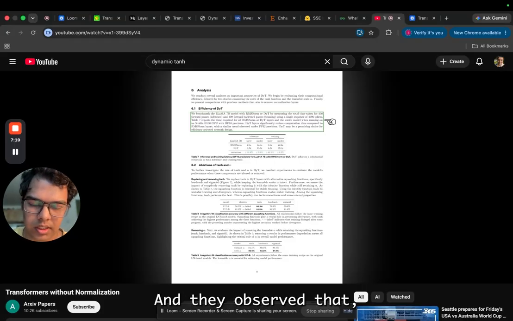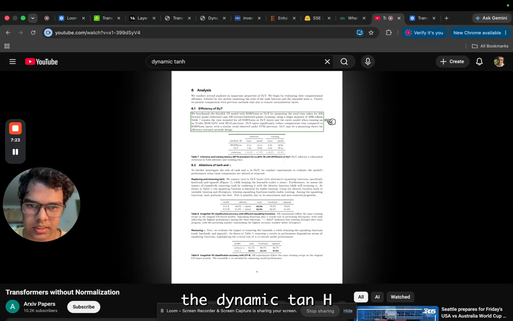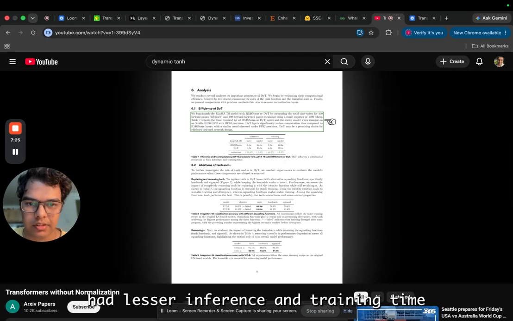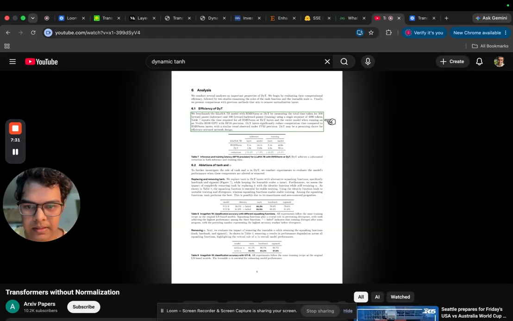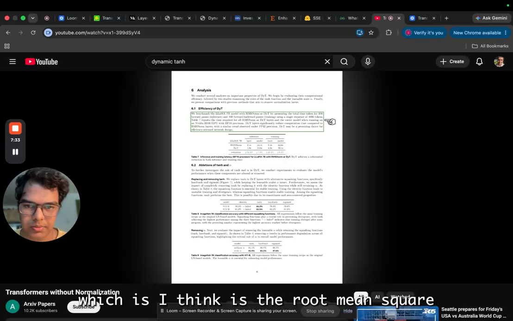And they observed that the dynamic tanh had lesser inference and training time compared to the RMS normalization technique, which is root mean square normalization.